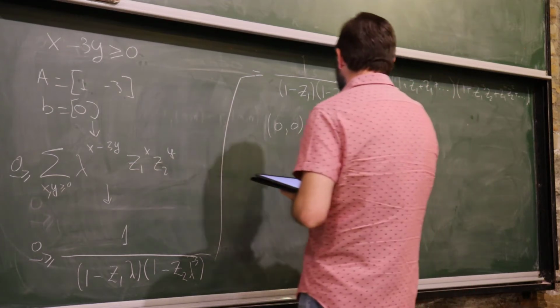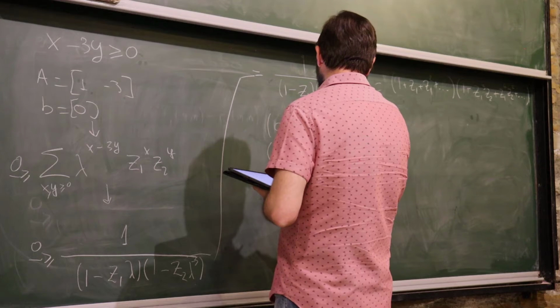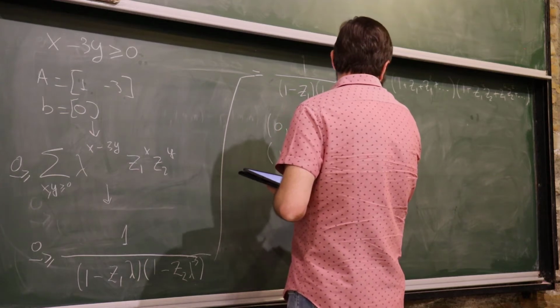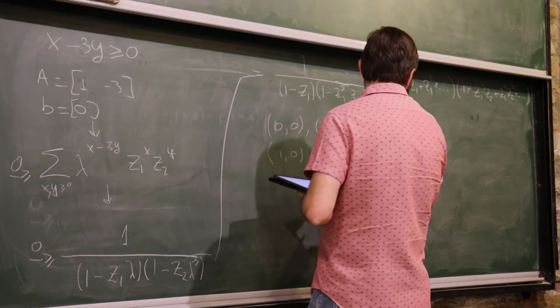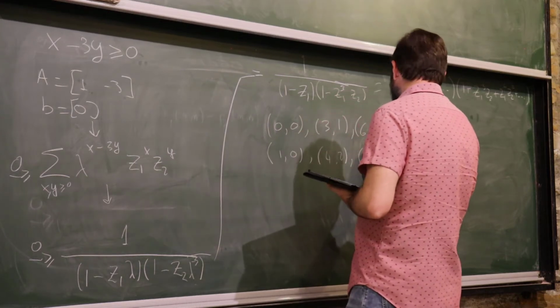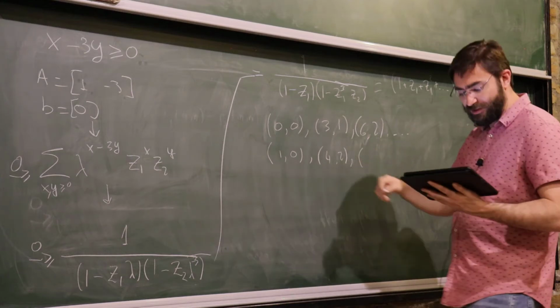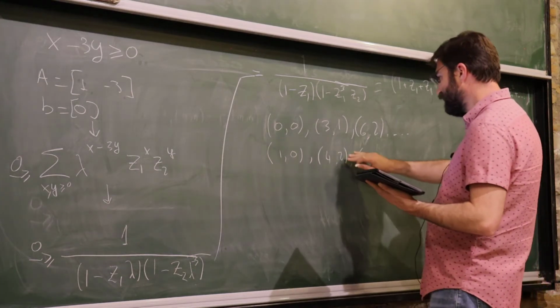And then I will take Z1, and it will be 1, 0, 4, 2, whatever.